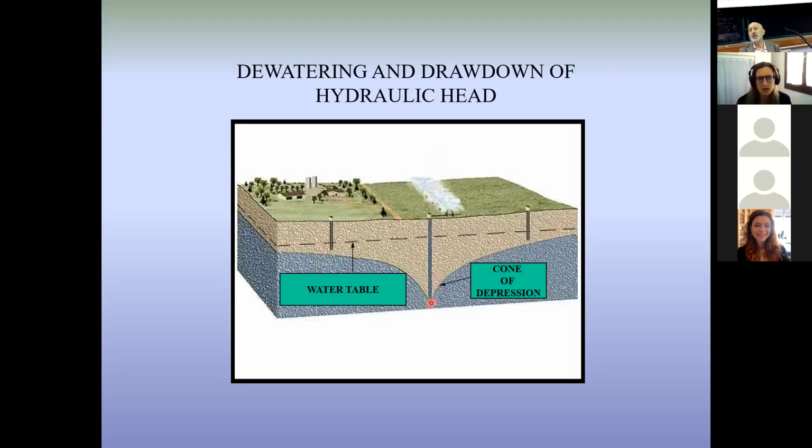With this strong pumping, you draw down the water level, and you see the formation of what we call a cone of depression, a cone of piezometric depression inside the aquifer. This depression dries up the shallow wells, because the water table is drawn to a lower level than the bottom of these wells. So one intense pumping in one place eliminates the water from shallow wells. This is a typical example of dewatering of the aquifer.